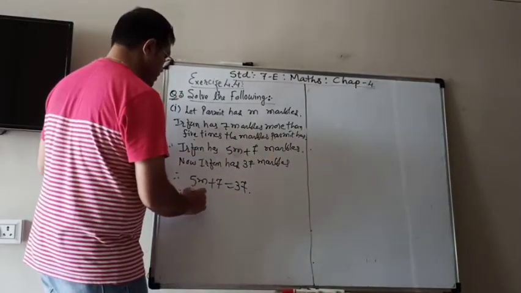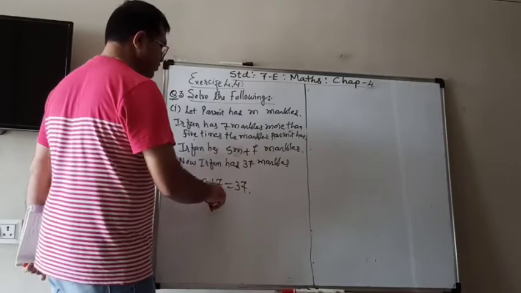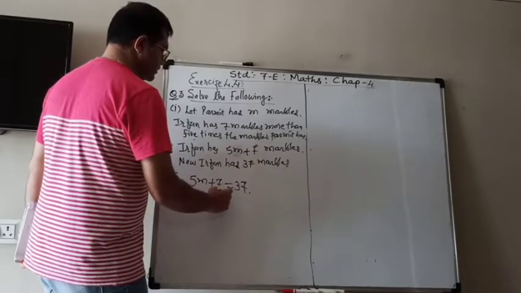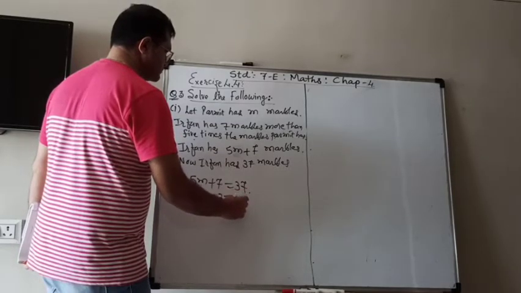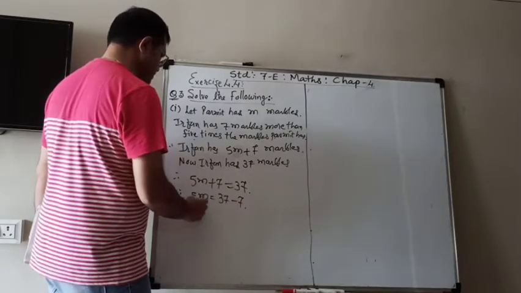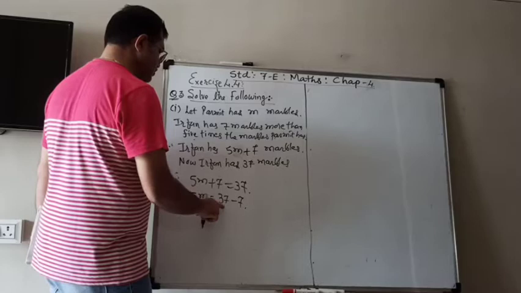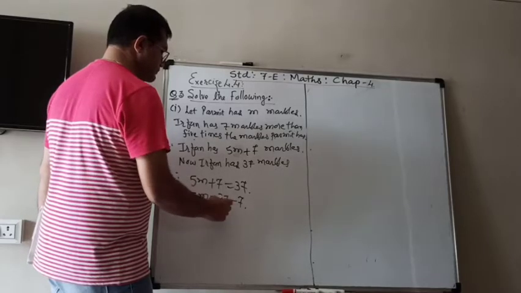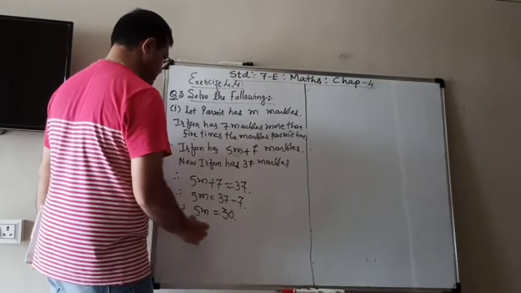Therefore, 5m is equal to, now we know that plus 7 will be transposed, so it will become minus. So plus 7 becomes minus 7. Therefore 5m is equal to 37 minus 7, which is 30.